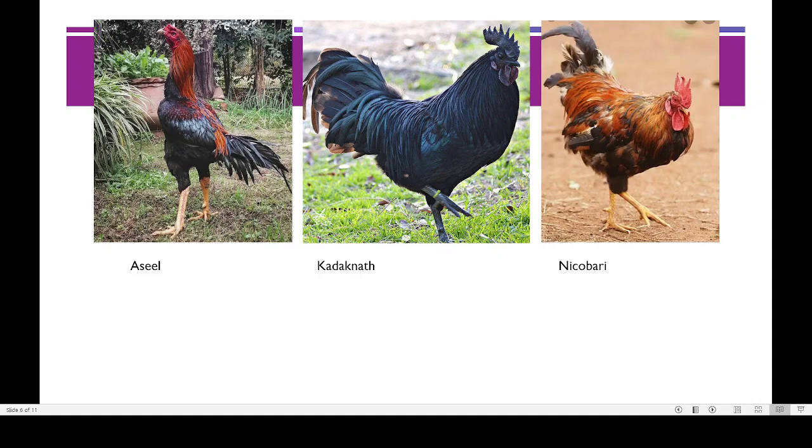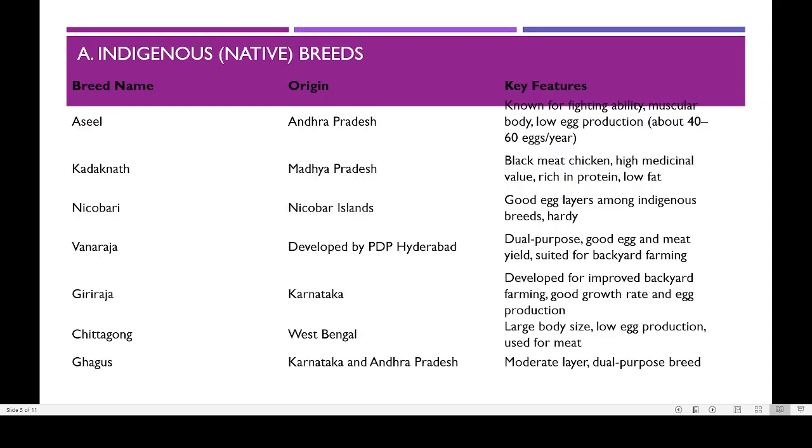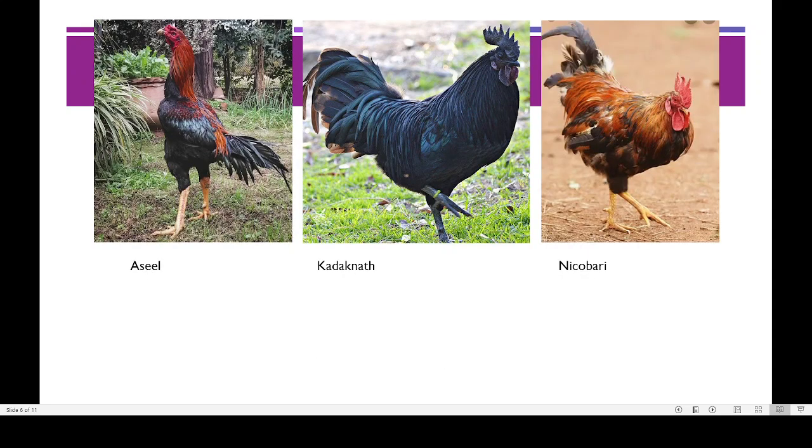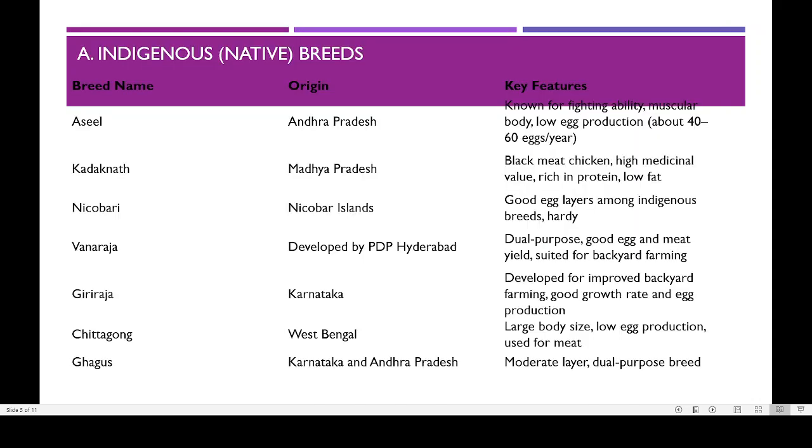The first one is the Asil breed. The advantage of the Asil breed is that they have good fighting ability and a muscular body, but low egg production. How many eggs are produced? Only 40 to 60 eggs.